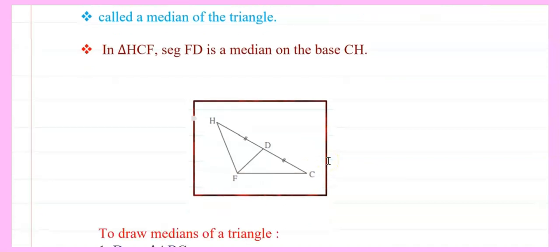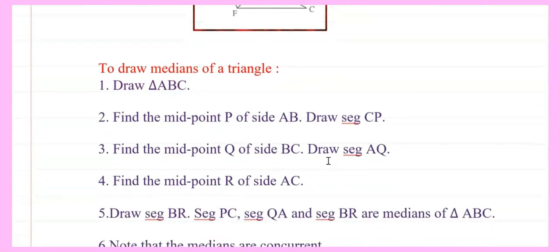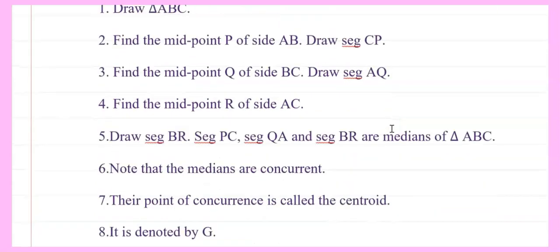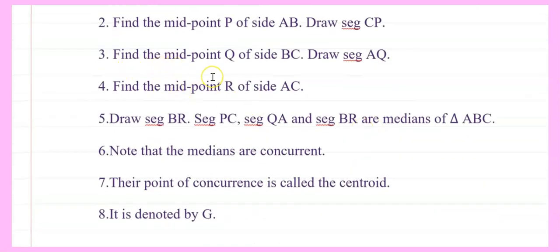Now the next is to draw the medians of a triangle. Draw the triangle ABC. Find the midpoint P of the side AB. Then draw CP. Find the midpoint Q of the side BC. Then draw the segment AQ.